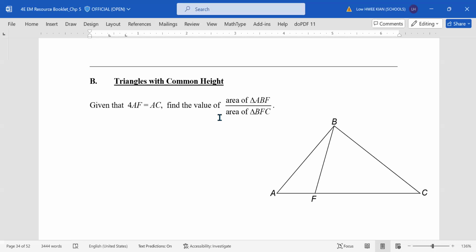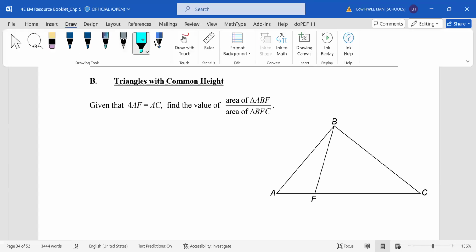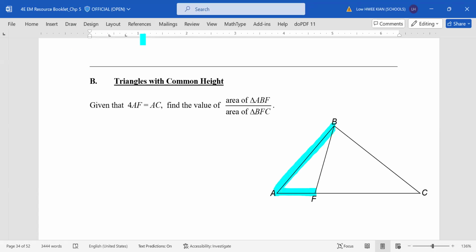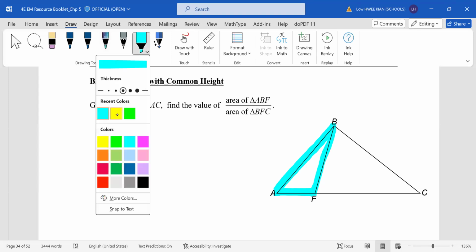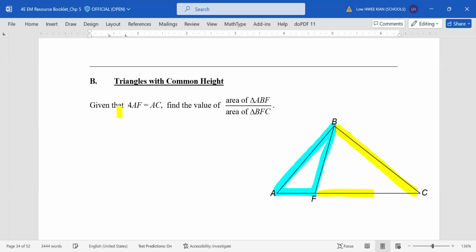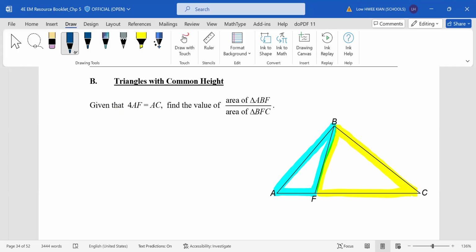Over here, the two triangles that you see are triangle ABF, which is given here, and triangle BFC, which is given here. When you take a look at these two triangles, you must be able to identify the common height. So where is the common height over here?